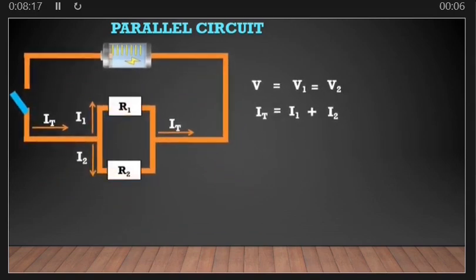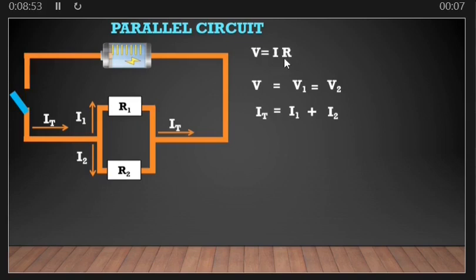So what we have done is replace electric lamp 1 with its resistance, which we are calling resistance 1, and electric bulb 2 with its electrical resistance, which we are calling resistor 2.